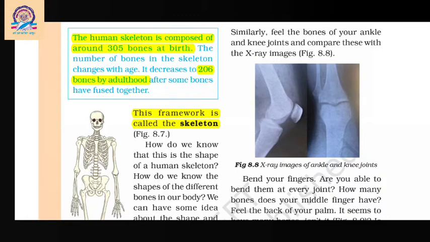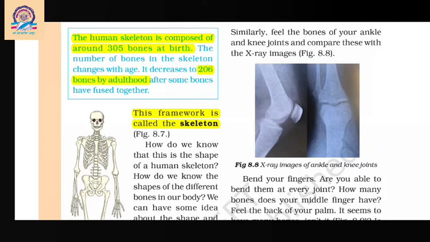The human skeleton is composed of around 305 bones at birth. How many bones does a newborn baby have? 305. And as you become an adult, the bones decrease to 206. These 2 points are to be remembered.